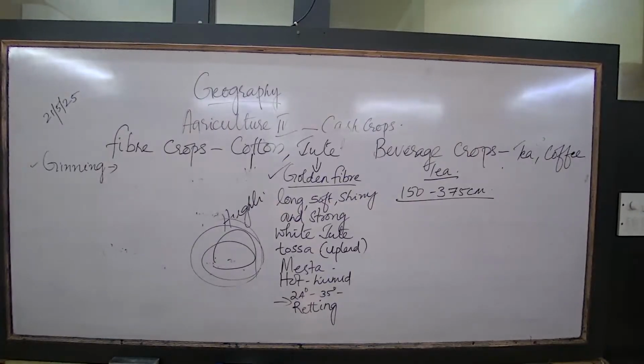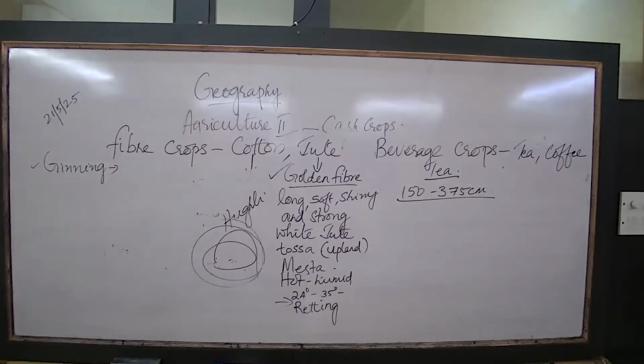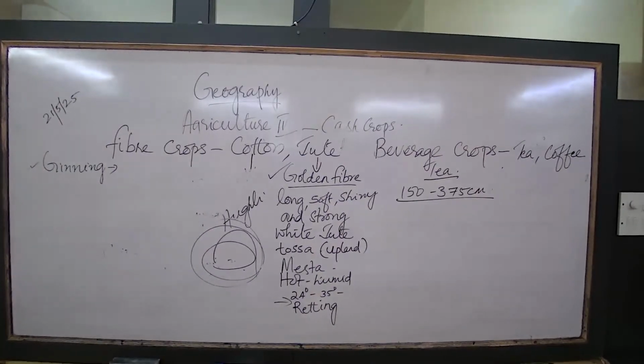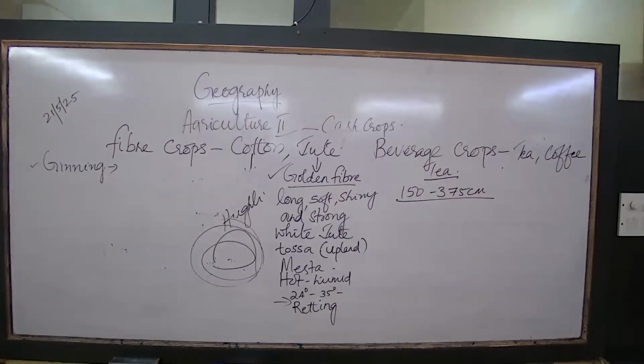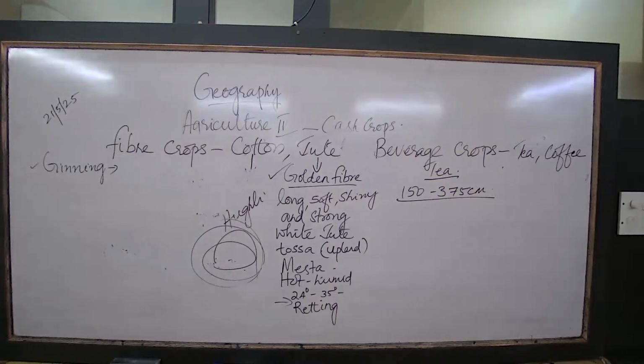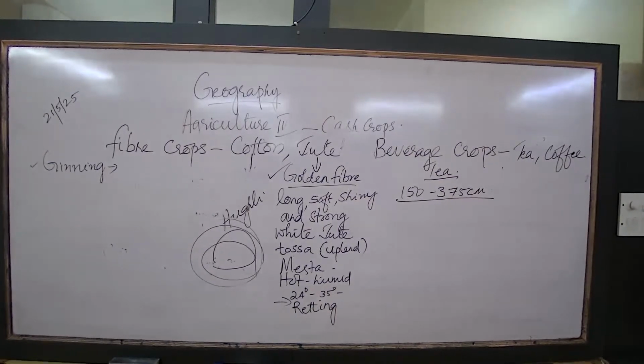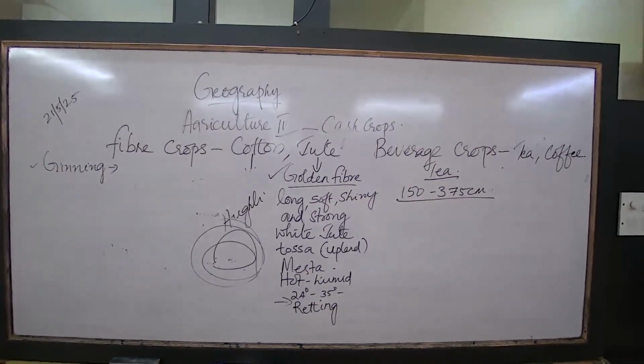Actually, this is a tree, a little bigger type of tree, and the seeds are grown on it. Coffee seeds are grown on a tree. They are plucked, dried, roasted and ground into powder.